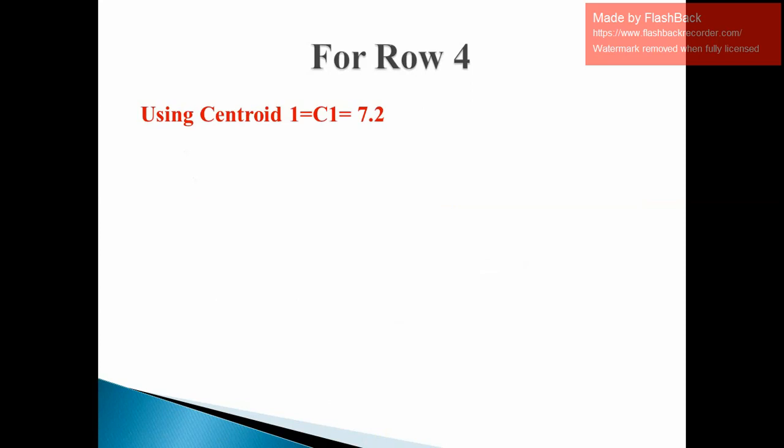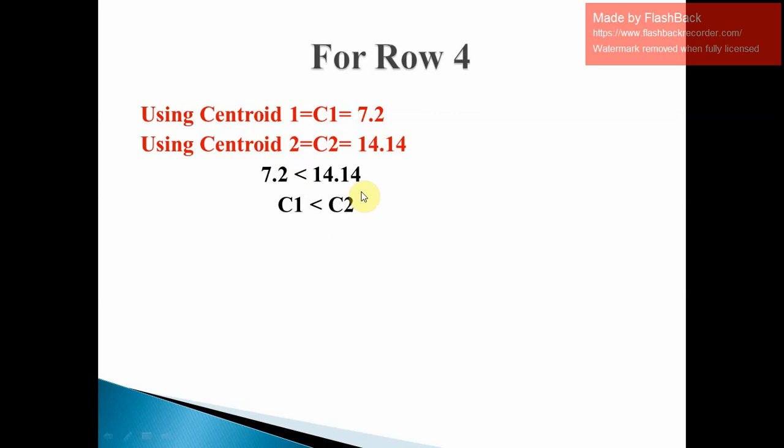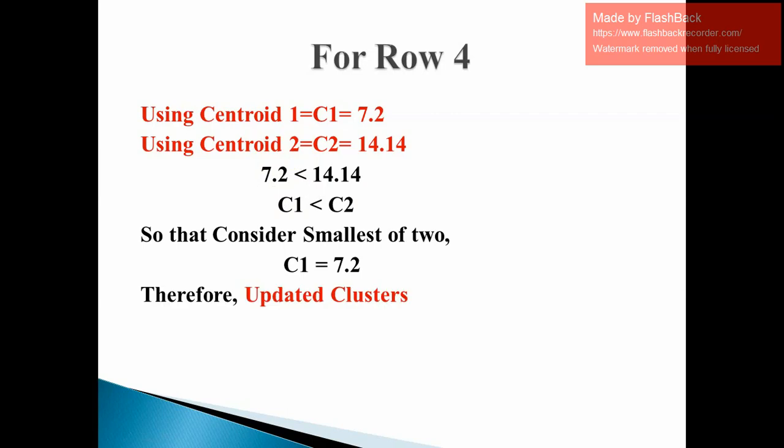Next we are comparing both the centroids. Using centroid 1 we get 7.2, and using centroid 2 we get 14.14, and by comparison we come to know the value by centroid C1 is less than C2. Whichever value is less, we select the smallest value, that is C1, 7.2.